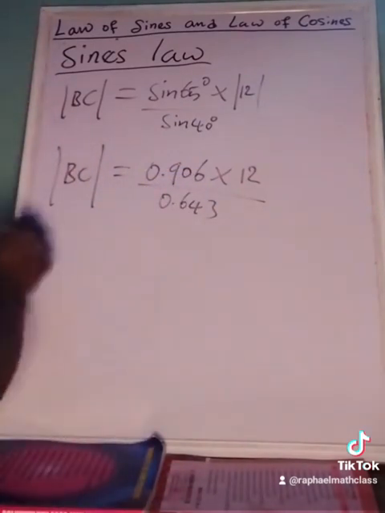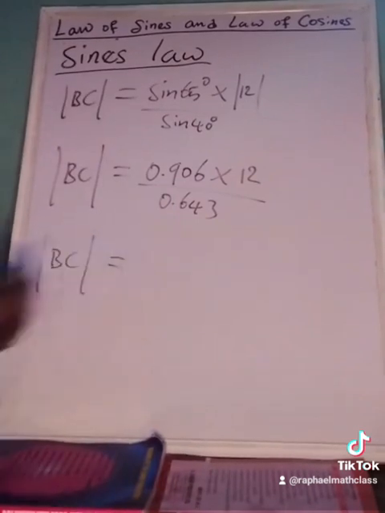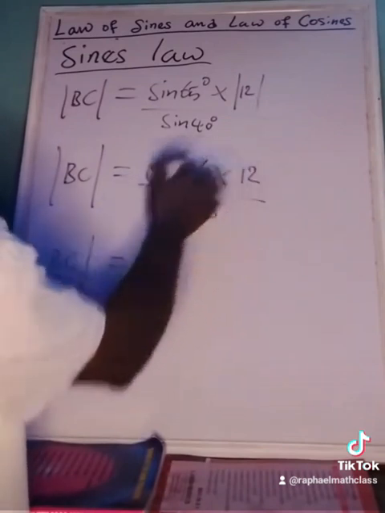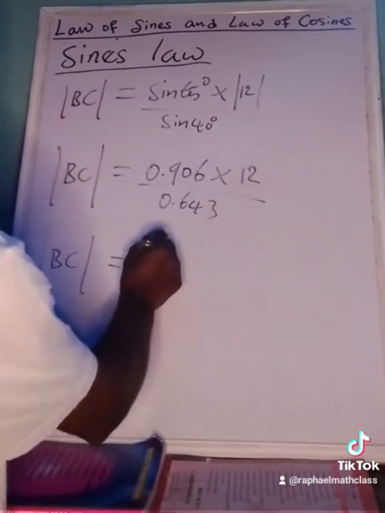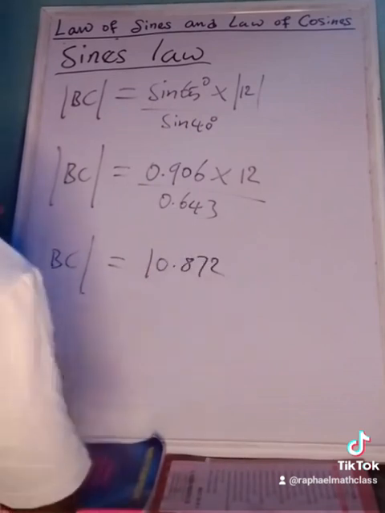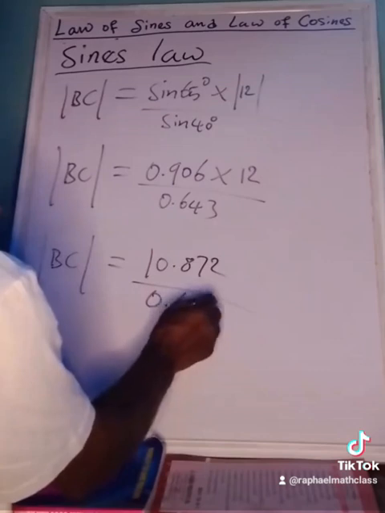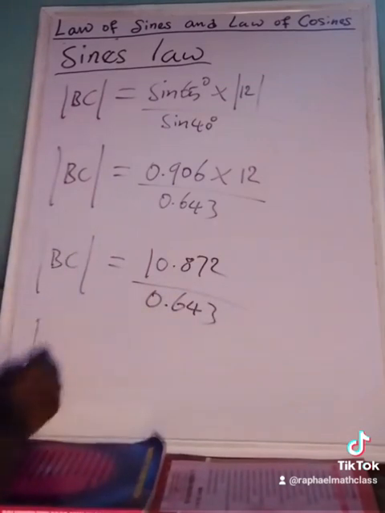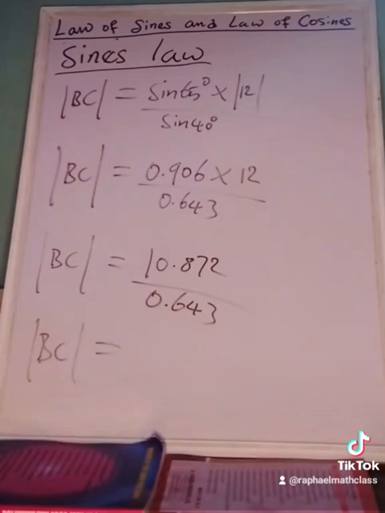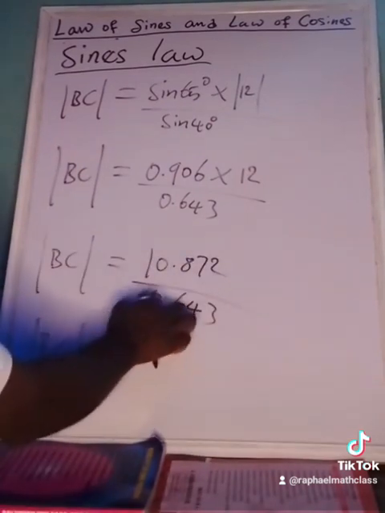So our side BC will therefore be equal to, when you multiply 0.906 by 12, we are going to have 10.872 divided by 0.643.